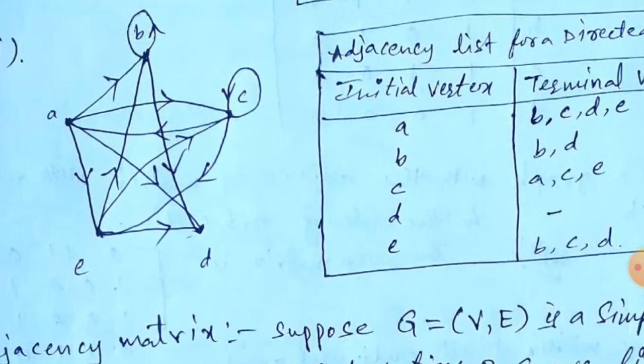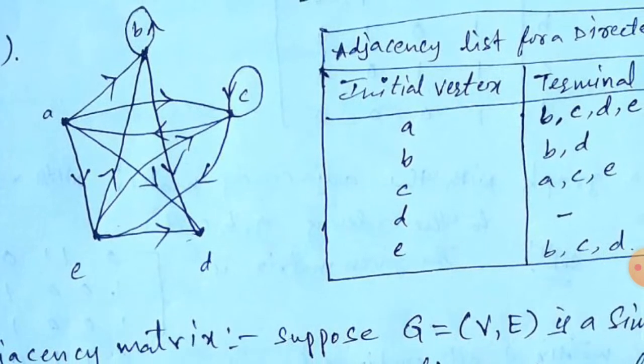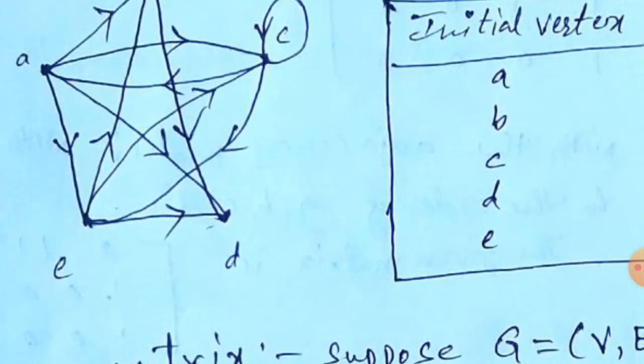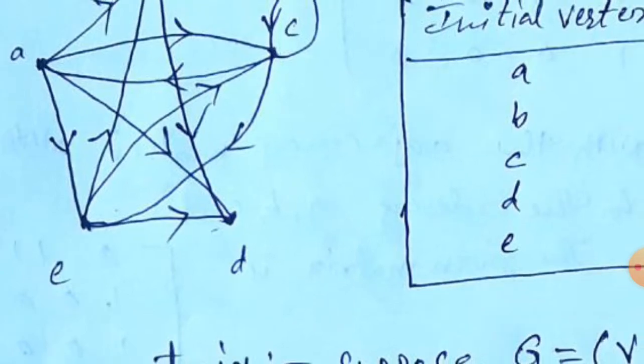Now C to A is there, C to C is there, C to E is there. Observe the arrow mark C to E. And for D, there is no edge from D to any other vertex. Observe the vertex D. From D to any other vertex there is no arrow mark.